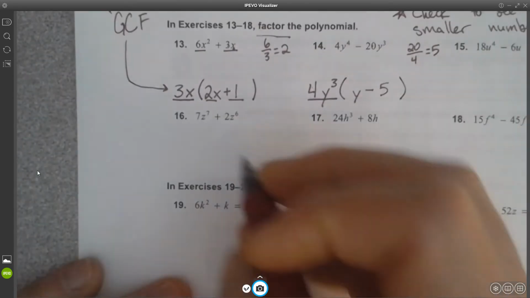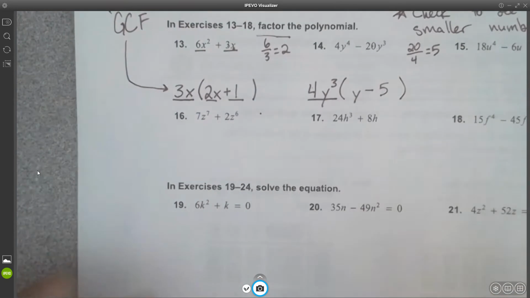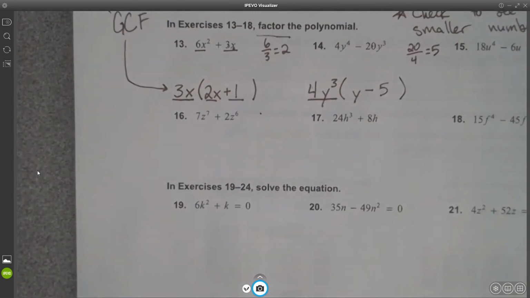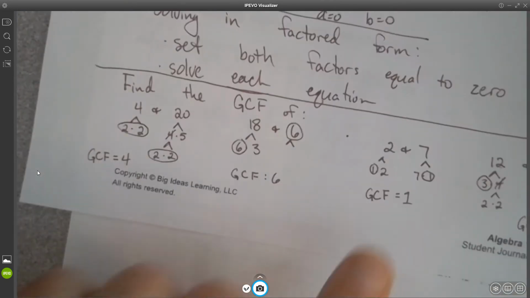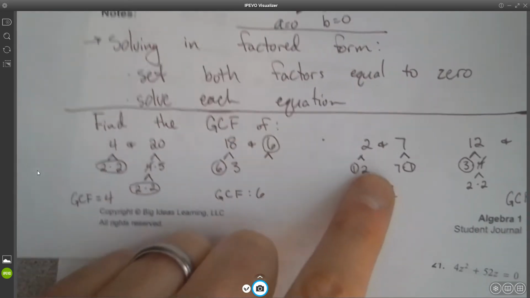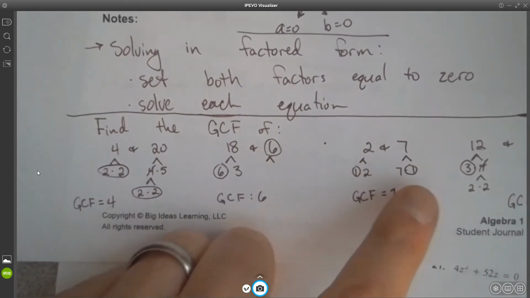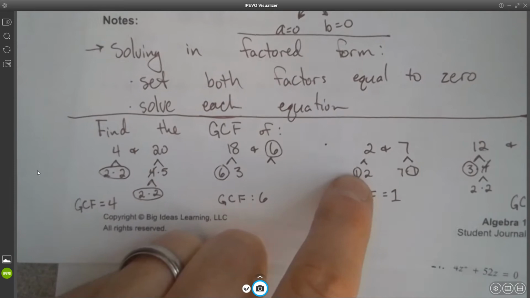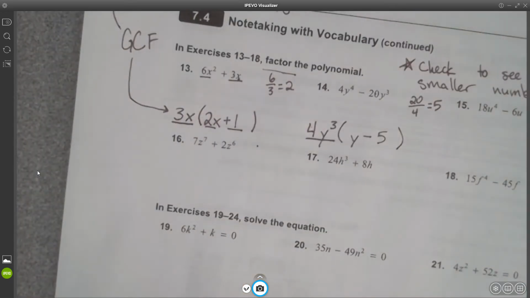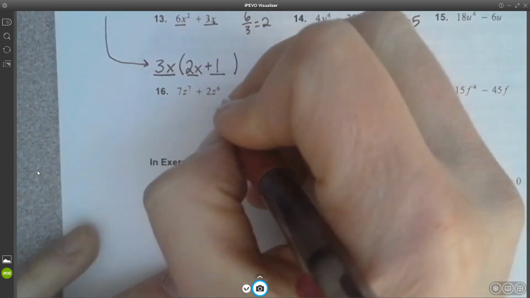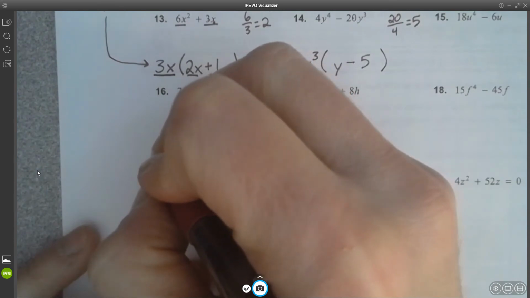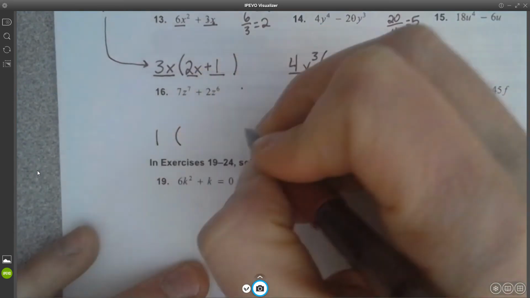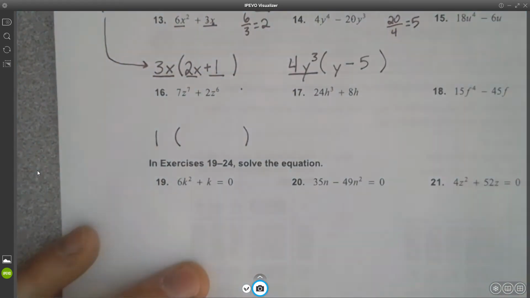What if we have one like 16? We tried in the first video to find the greatest common factor of 2 and 7. Turns out the greatest common factor of those two numbers was just 1. That's the only factor that they have in common. So I can divide a 1 out of this binomial.